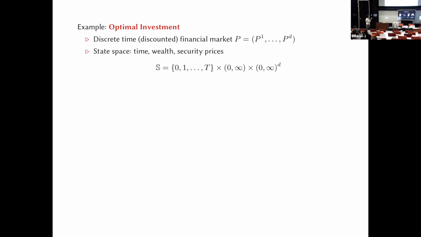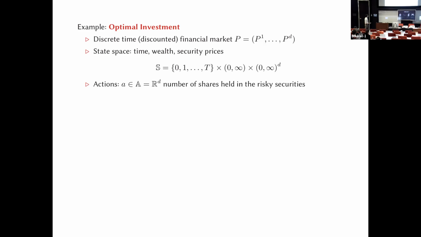So I need to keep track of how much time is left. Part of my state space will be time from 0 to capital T. I should keep track of my wealth, which we will assume to be strictly positive, because I don't want to go bankrupt. And I also keep track of the prices. These are also strictly positive, and I have d of them. So that's my state space.